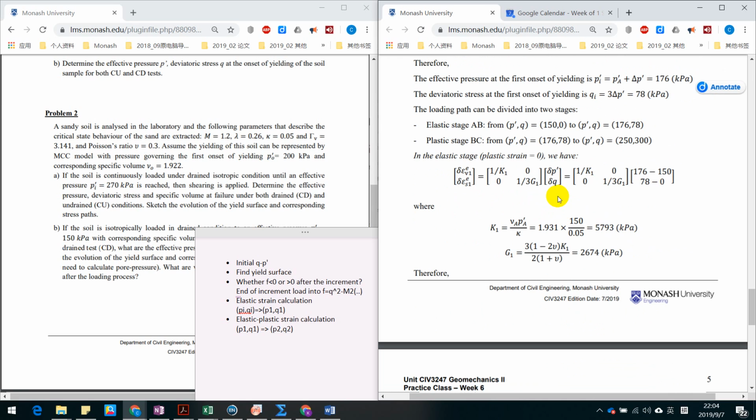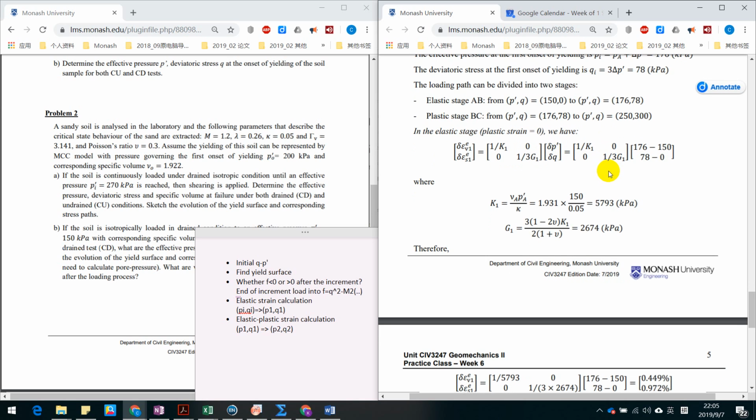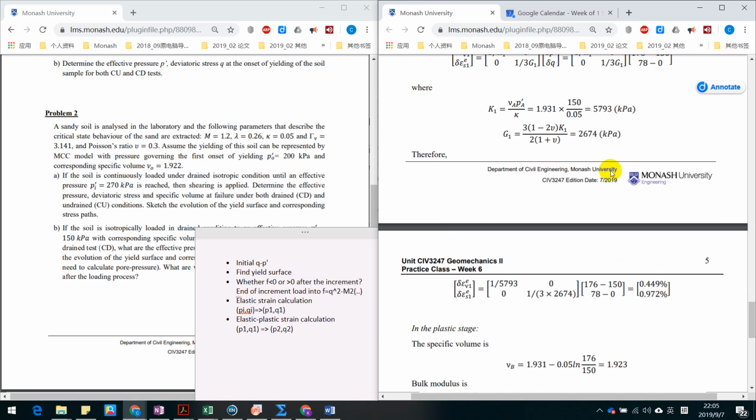and then it's easily derived. One thing worth noting is that when you plug into the formulation, this matrix is actually the initial condition matrix, and the matrix by the side, which is delta P dash and delta Q, is the incremental matrix, which generally means the change that happens with respect to the initial state. This is a very important concept when you try to calculate the strain.